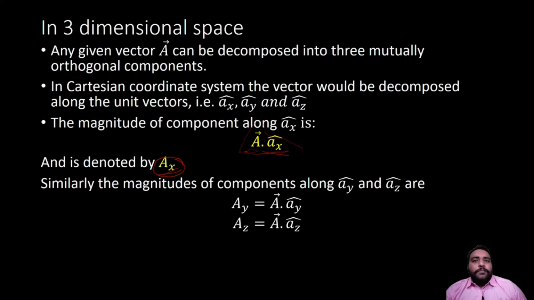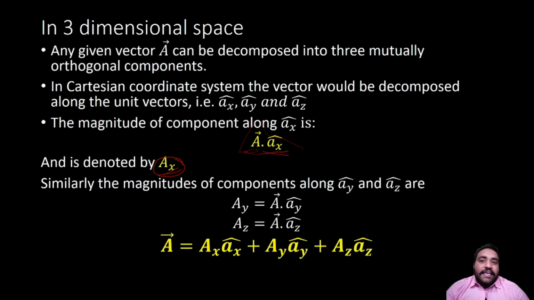Again, vector component can be written as the magnitude and its unit vector. So the decomposed vector a bar can be written as a bar equals Ax ax cap plus Ay ay cap plus Az az cap.